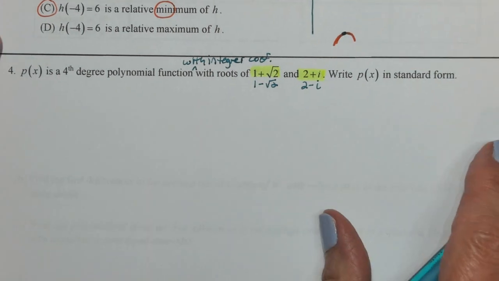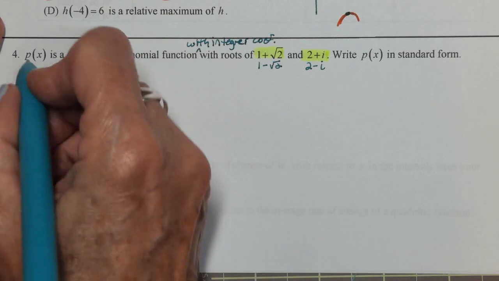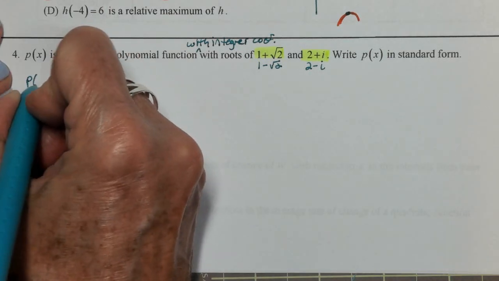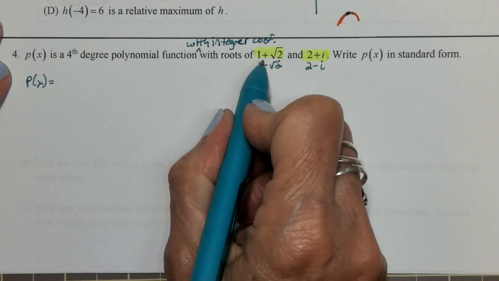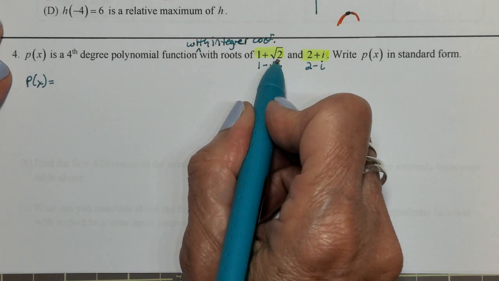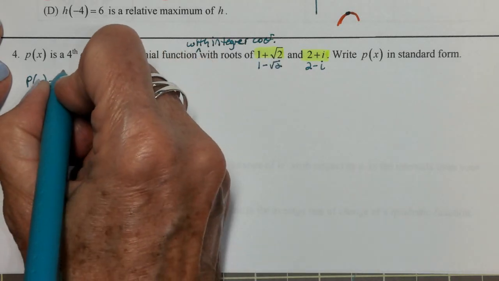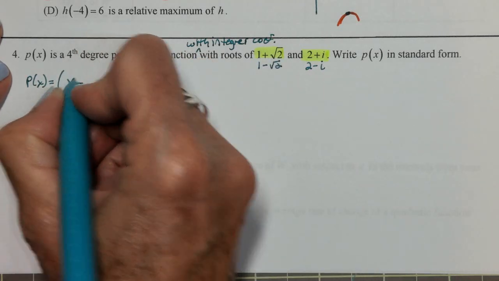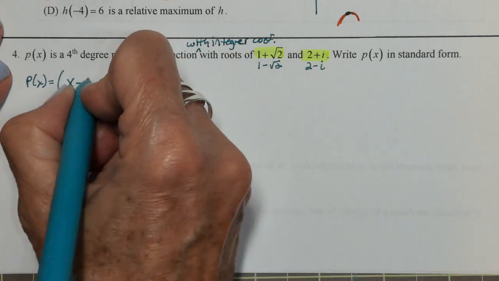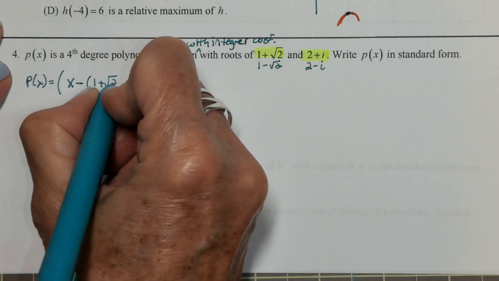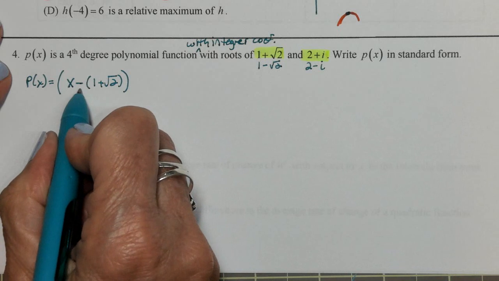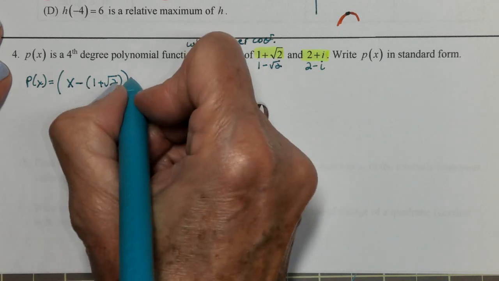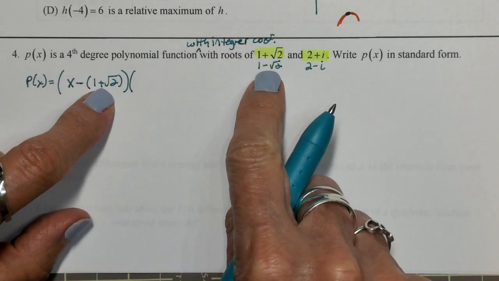Okay, so let's see. I know that P of x then, if 1 plus square root of 2 is a root, then the factor will be x minus that root. I'm going to use parentheses because of the minus right there. Okay? Now I'm going to go get this one.